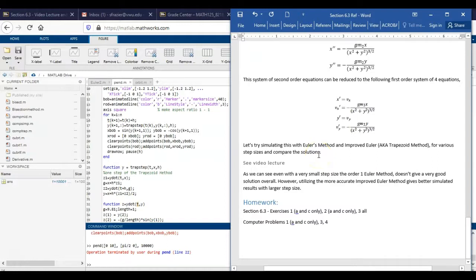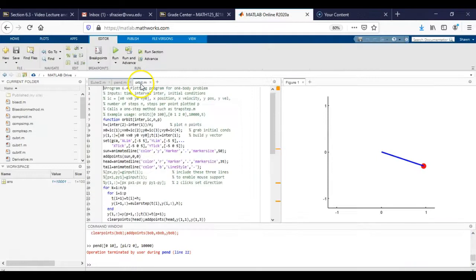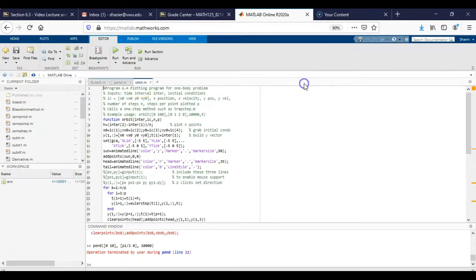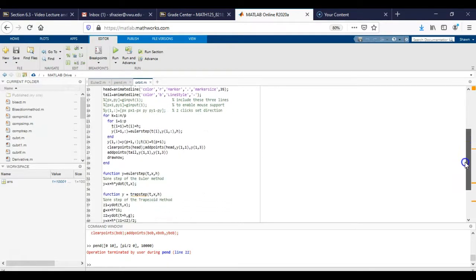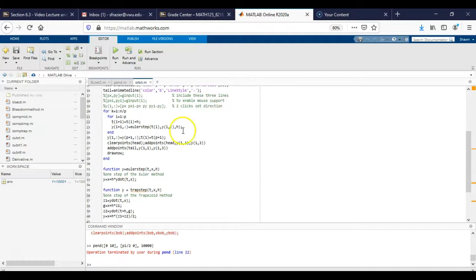So let's try simulating this orbit problem with Euler's method and improved Euler's method. I've given you the orbit code in Blackboard. It's a lot of animations and things like that, so it's a bit tough to code for a novice. But basically, here, this is going to be the solution for us.